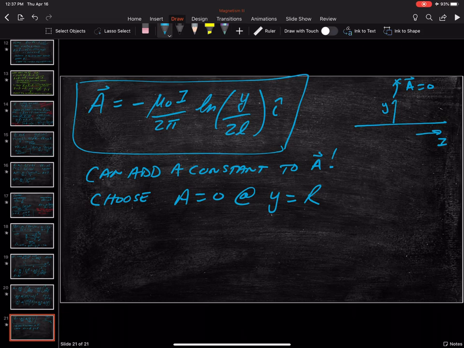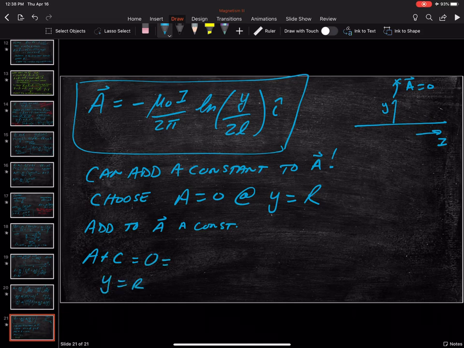Well, if you do this, you can add to it a constant, which doesn't change the A, because remember, you're taking the curl of this thing. What constant should you add? Well, I take A plus a constant, and I want this to be equal to 0 when y equals r.